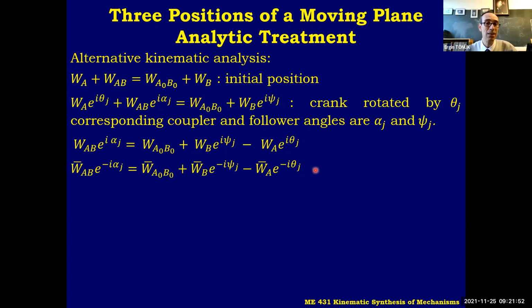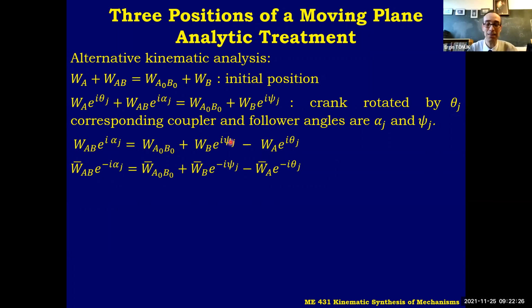And rather than squaring and adding real and imaginary parts, I can multiply the equation and its complex conjugate by itself, so that this, which stands for theta 1,3, is going to be eliminated, and I'll obtain a relation between theta 1,2 and theta 1,4, like we did in 301, okay?